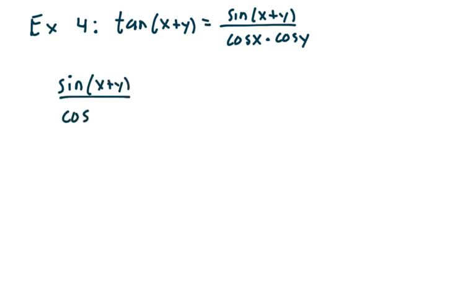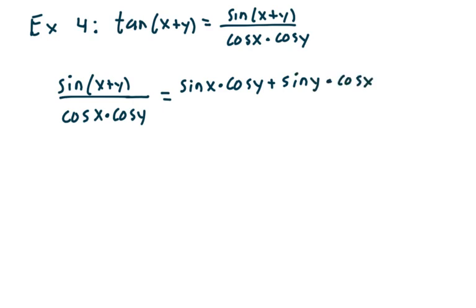And so I get sine of x plus y divided by cosine x times cosine y. Okay. From here, I could expand out the numerator into sine x times cosine y plus sine of y times cosine x. And I'm going to divide by cosine x times cosine y.